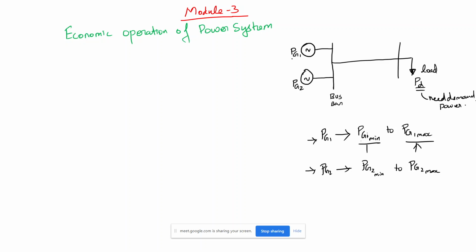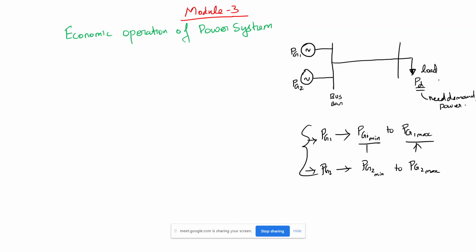I need to generate this needed power with the available generators, subject to these limitations, in such a way that I am coping with the demand required by the consumers.